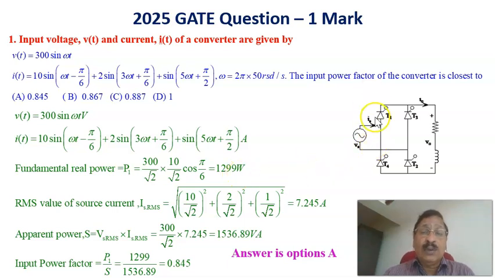In the second stage, we have to find out the apparent power supplied from the source side. To find the apparent power, we have to calculate the RMS value of the current. It contains fundamental, third harmonic, and fifth harmonic.